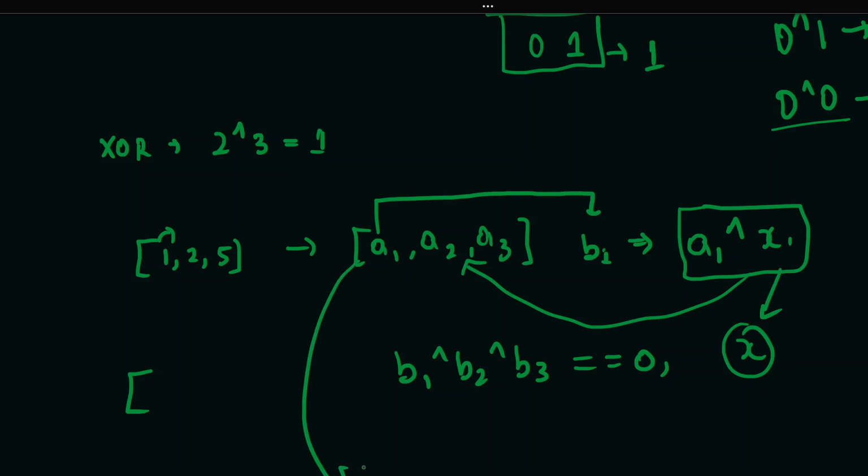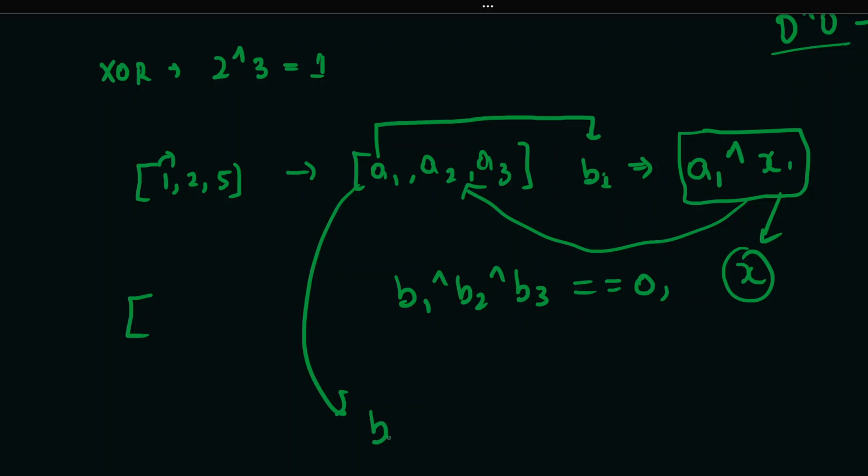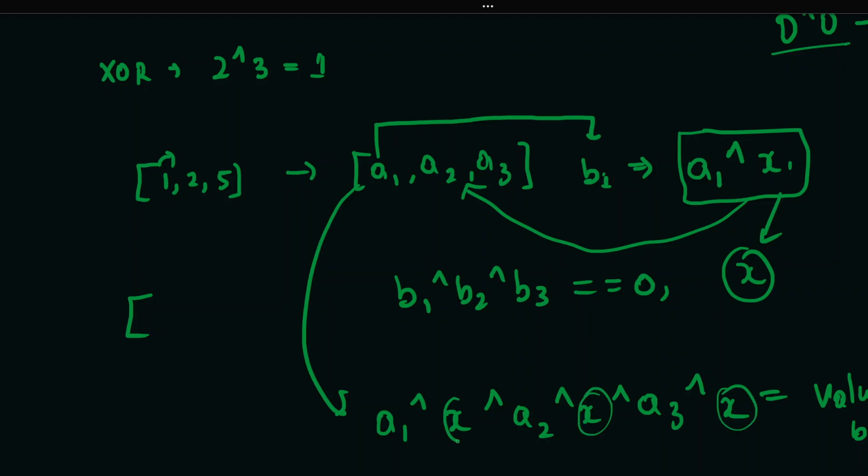So this can be written as A1 XOR of some X, A2 XOR of some X, A3 XOR of some X. We need this value to be 0, and we need to find the value of X. So here is one more property of XOR.